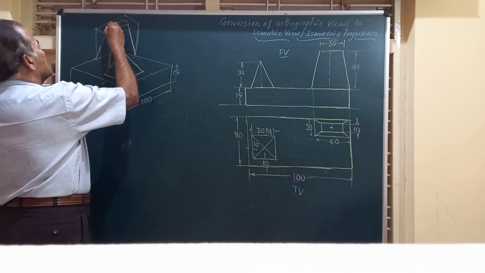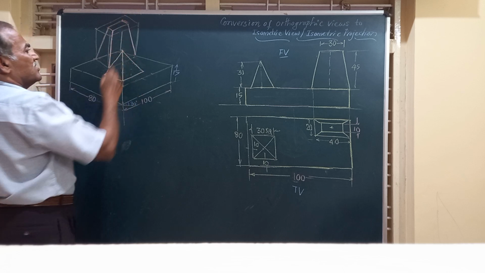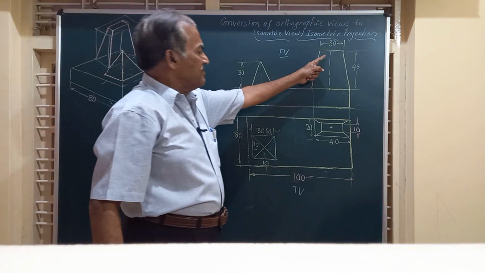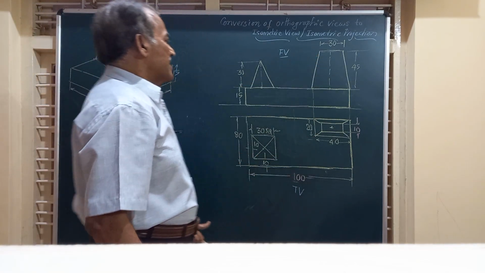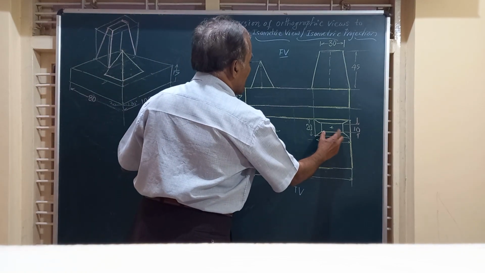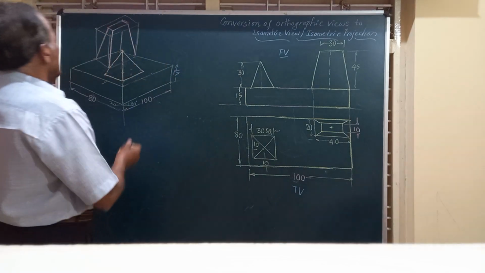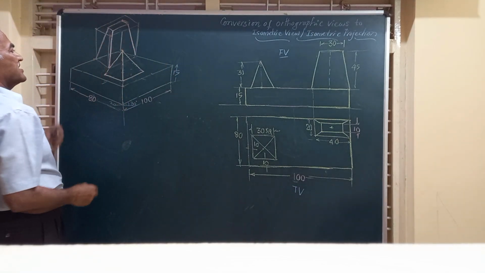And friends, the top face is a rectangle. That rectangle has dimension 30 by 10. This is 30 and this is 10. So 30 by 10 is the dimension.